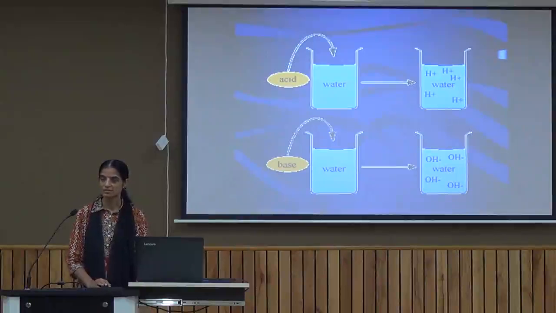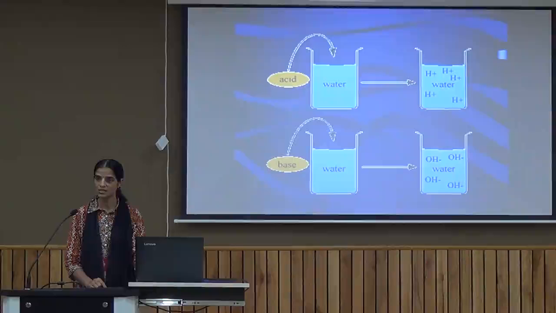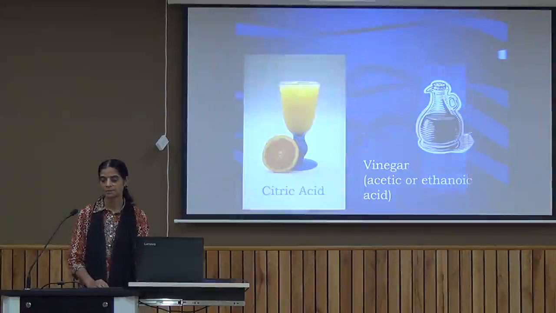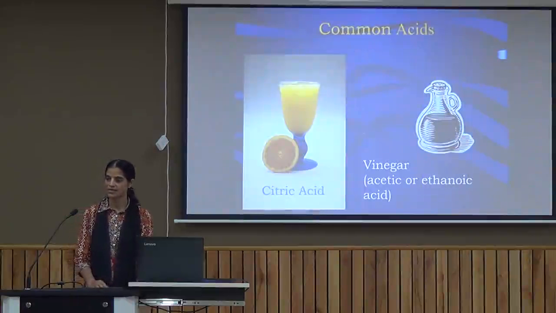So acids furnish hydrogen ions in water and bases furnish hydroxyl ions in water. On the basis of what type of ion they give in water, we categorize them as acids and bases.